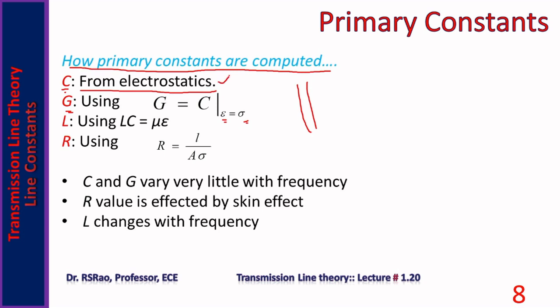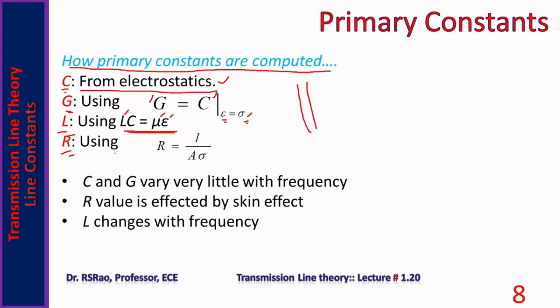In that expression, replace epsilon by conductivity sigma, then you will be getting G. Next, L. How is L computed? L times C is always equal to mu epsilon. Now, C is available, and mu epsilon are usually available. So L can be found within no time. Mu epsilon by C gives L.